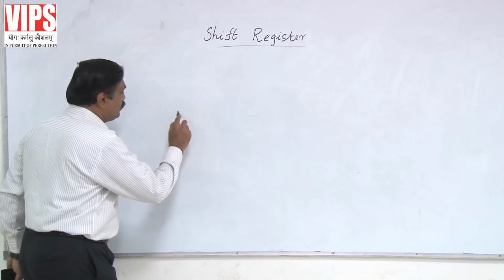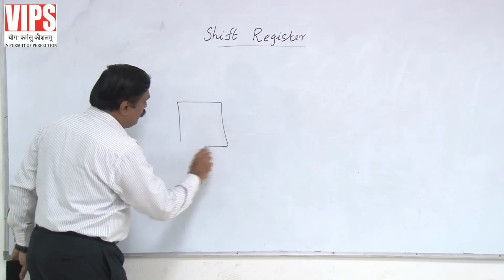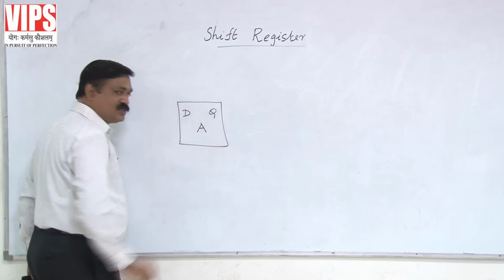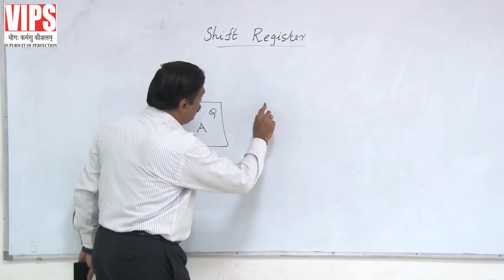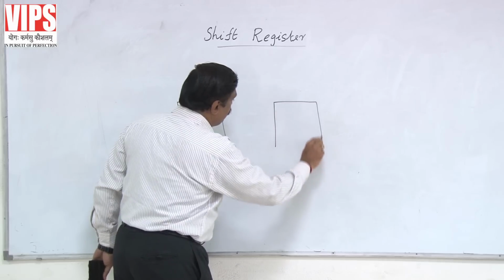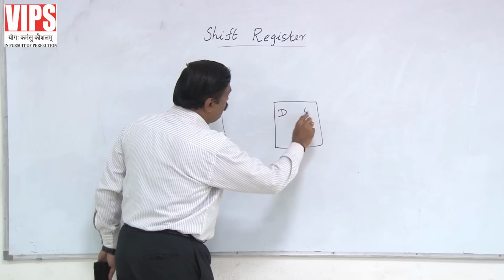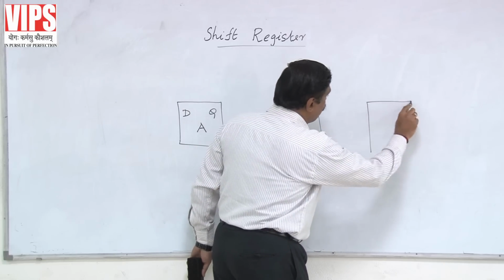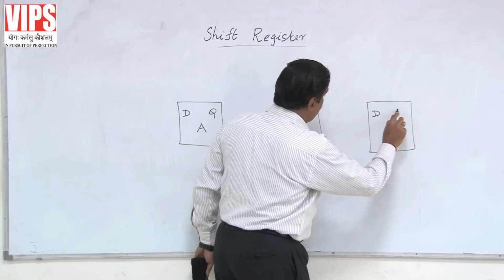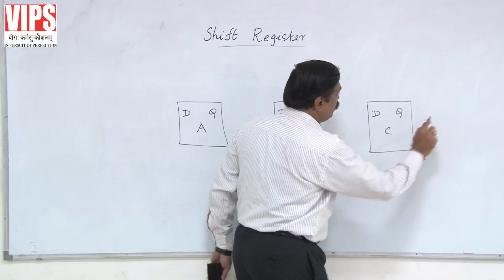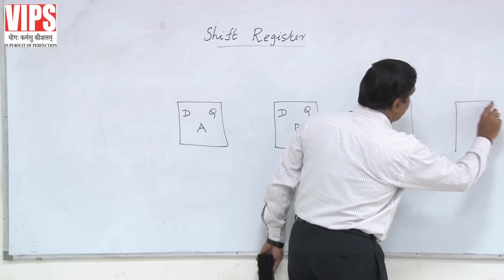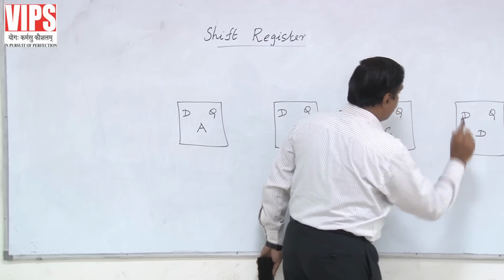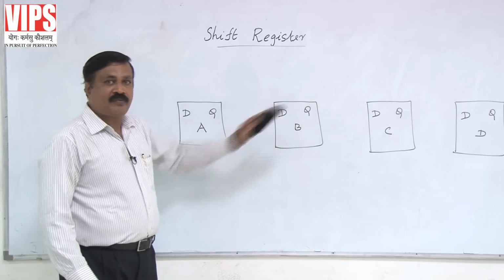Now first you take a D flip-flop. Let us call this the A flip-flop. And next one, third one, fourth one. 4 flip-flops I have drawn.